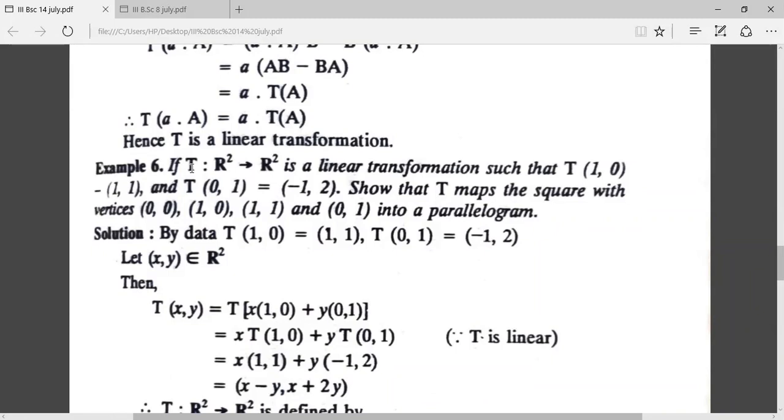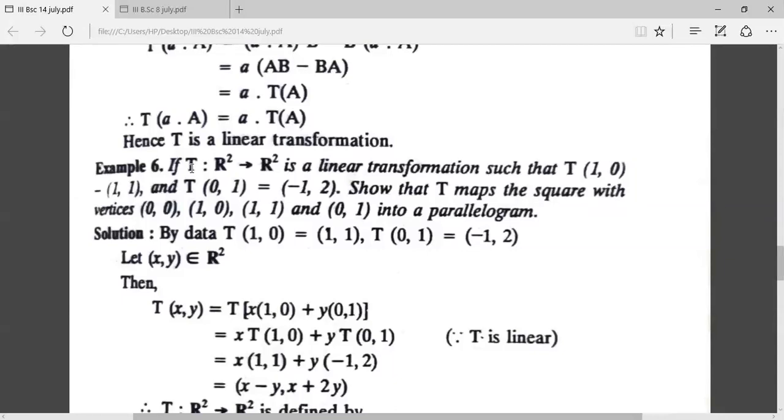Minus alla, equals (1, 1). And T of (0, 1) is (-1, 2). Show that T maps the square with vertices (0, 0), (1, 0), (1, 1), (0, 1) into a parallelogram.